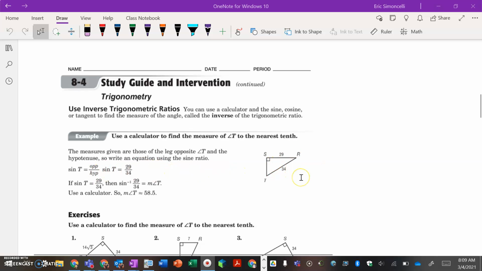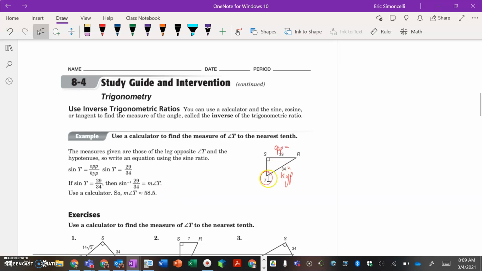So if we look at the picture, like we did in the prior discussion at the beginning of 8-4, I'm going to circle angle t. And because we want to find t using the opposite side, which is here, 29, and the hypotenuse, 34, okay, the adjacent side is st, but we're not going to be using that in this particular context.